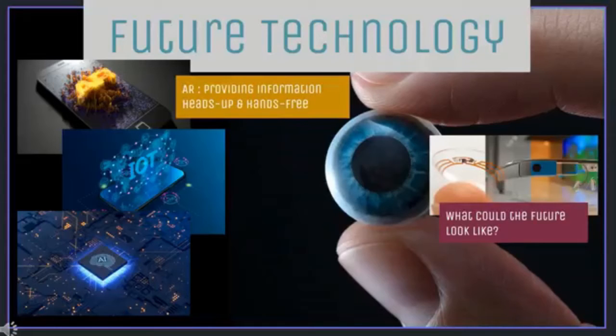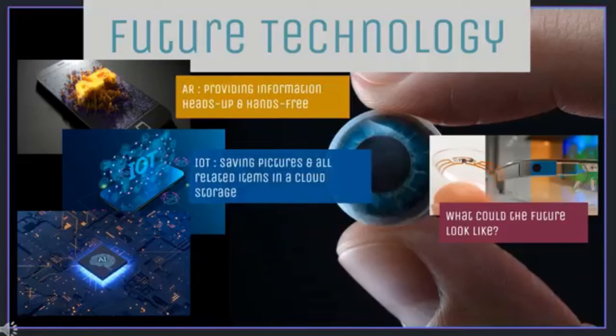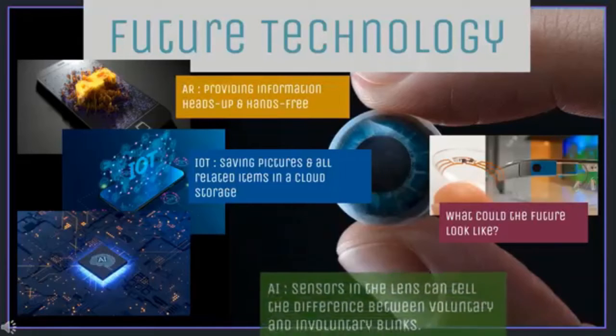Next is the Internet of Things. With the invisible computing platform, our data will stay secure and private. All the pictures taken will be saved in cloud storage, so users can retrieve them whenever they want to. And the last one is artificial intelligence.